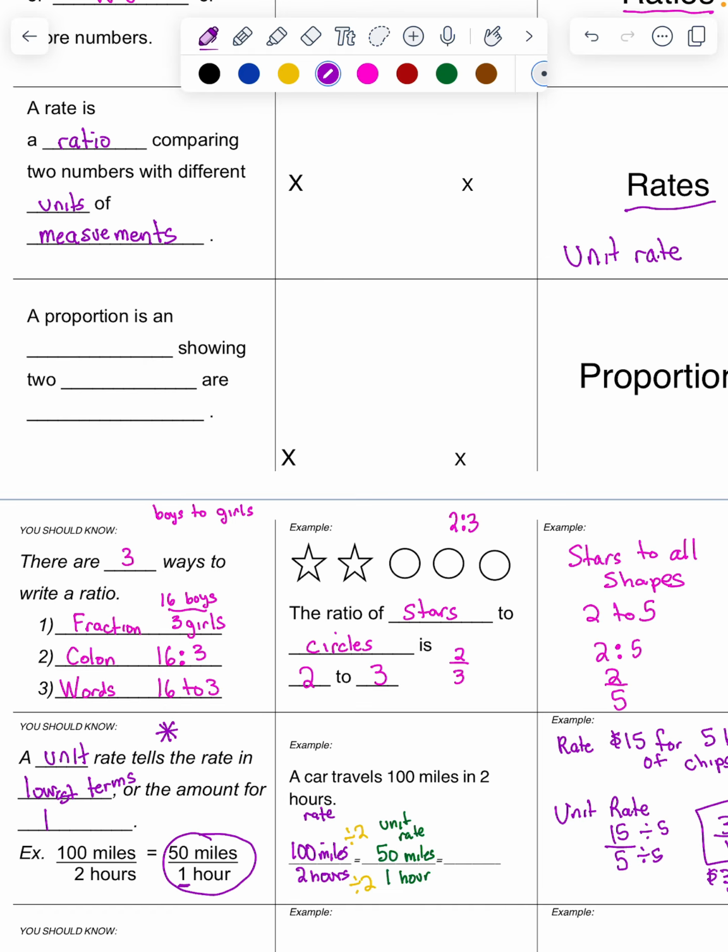A proportion is an equation showing two ratios that are equivalent or equal. It's like your fractions and equivalent fractions. You're setting them up.